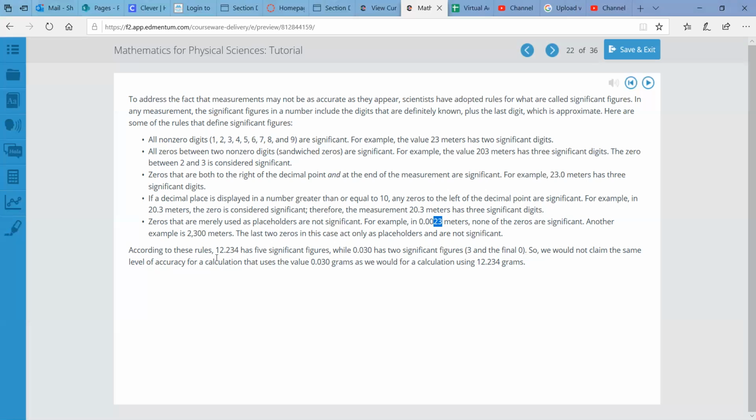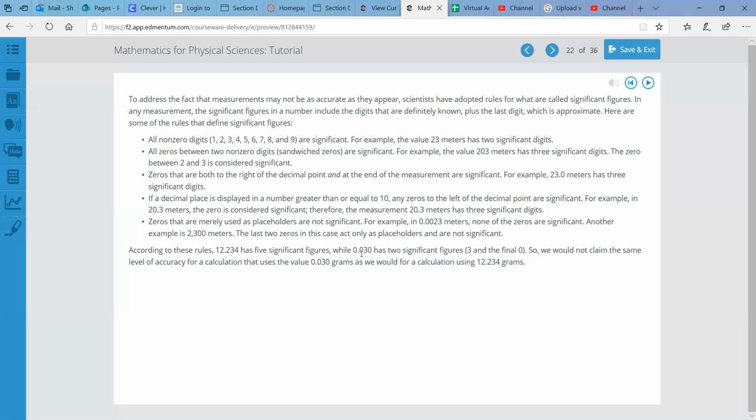So, considering this, how many significant figures is it? We have 1, 2 on the left-hand side of the decimal point, and then 3 on the right-hand side. So that is 5 altogether. However, this one has 2, okay?